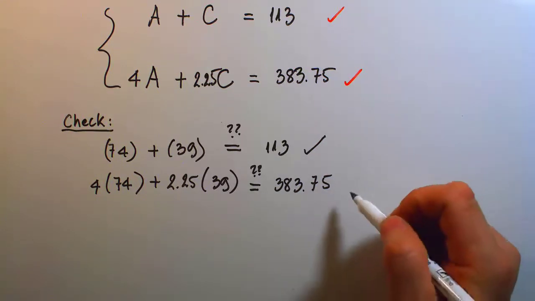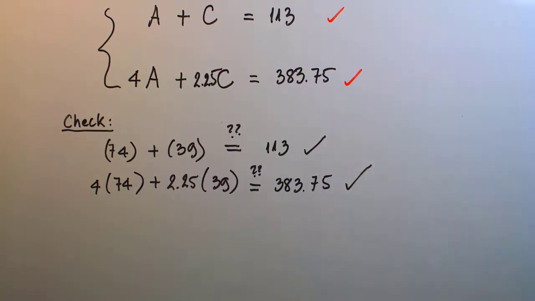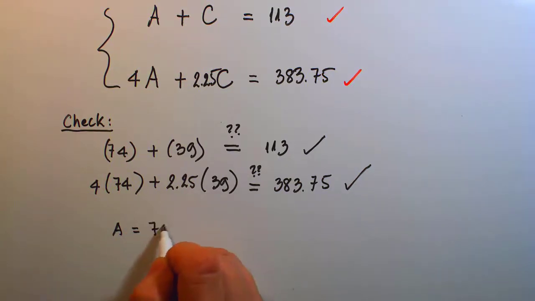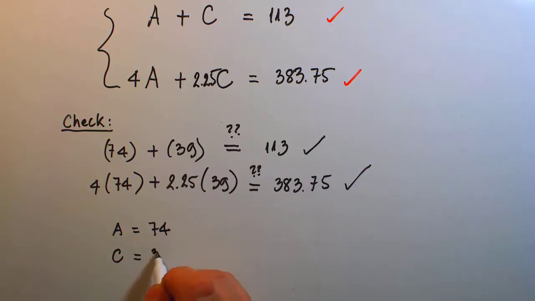And the calculation does show that the left hand side and the right hand side in our second equation also satisfy equality. So now we can conclude that the number of adults attending this concert is 74, and the number of children attending this concert is 39.